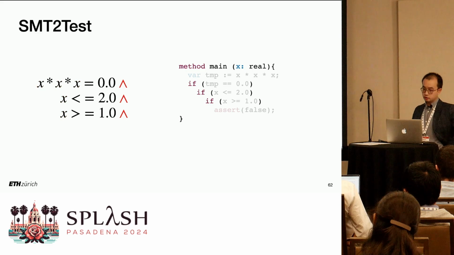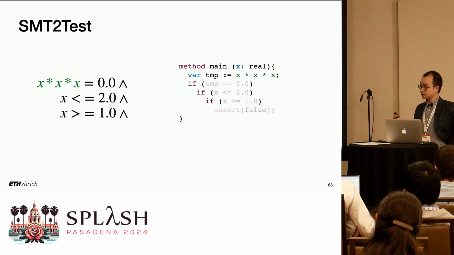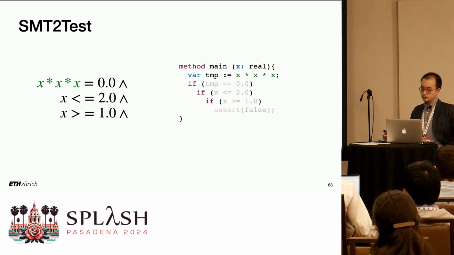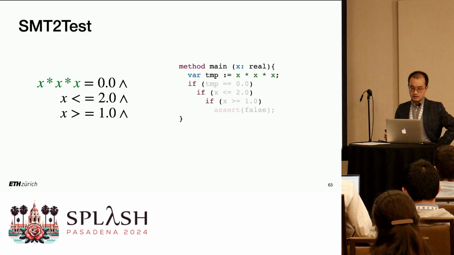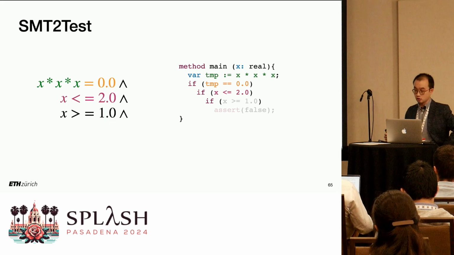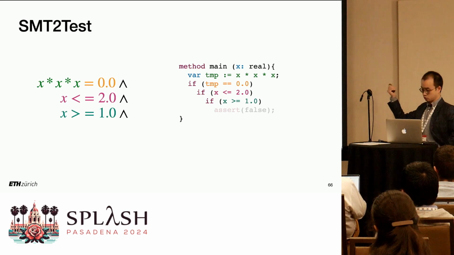And then, according to the conjunction of the SMT formula, we build the control flow of our body. We have 3 if statements, and then we identify the term in the SMT formulas, which is x cube. Then we use the time value to store the value of this x cube. And then we build the first condition according to the first literal in this formula, the second condition according to the second literal, and the third one according to the third literal. Okay, now we have our program.